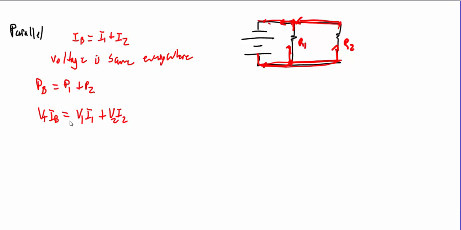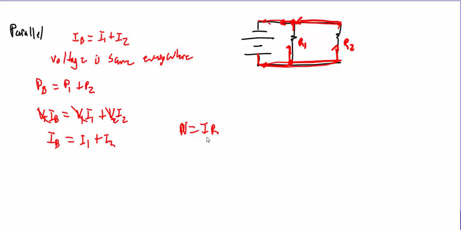But since these voltages are everywhere the same, we can cross those out, and I have the current produced by the battery equals, okay, so I'm back to where I started. But I'm going to use Ohm's law, V equals IR, and make a substitution.